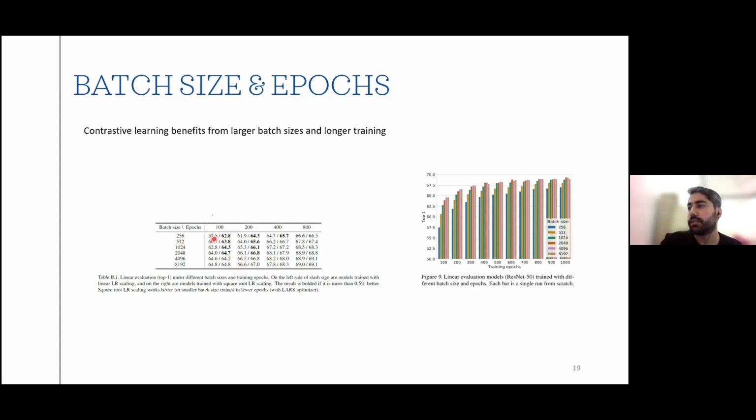Similarly, the accuracy increases as we have more epochs. One thing they noticed was that if they go beyond 4,000, the accuracy saturates, which does not benefit from any larger batch size or any longer training time.